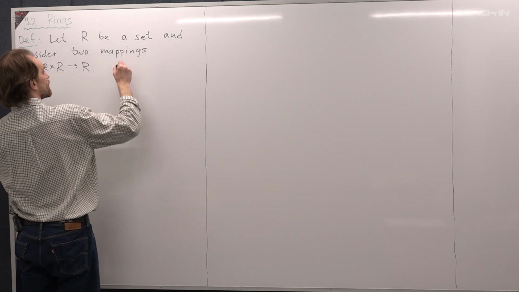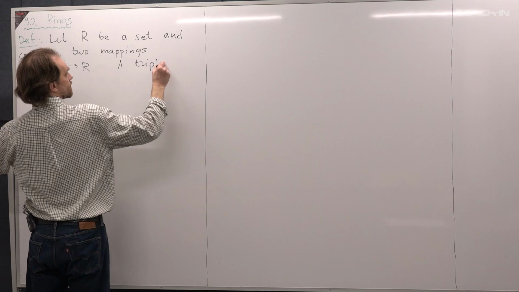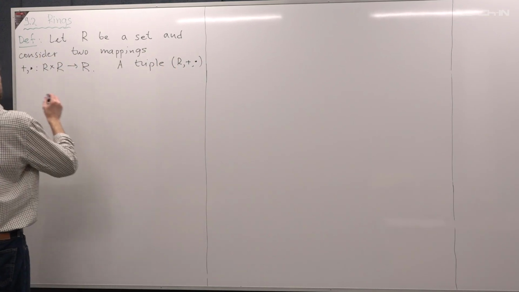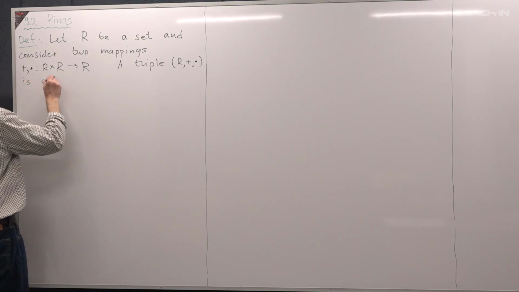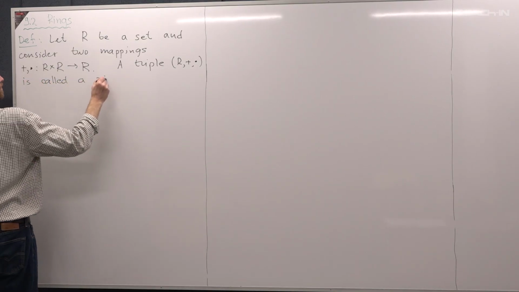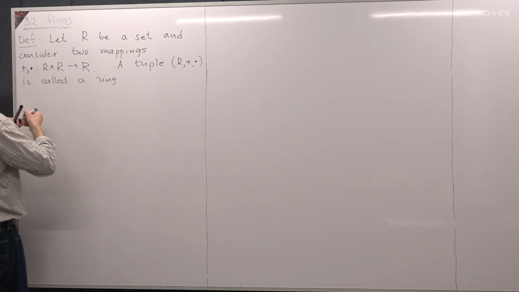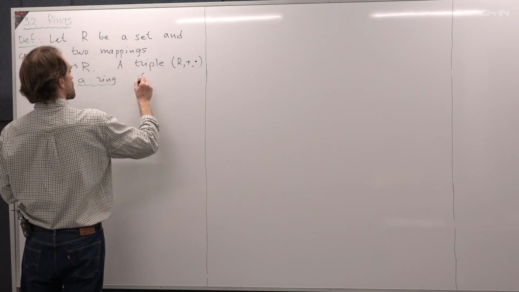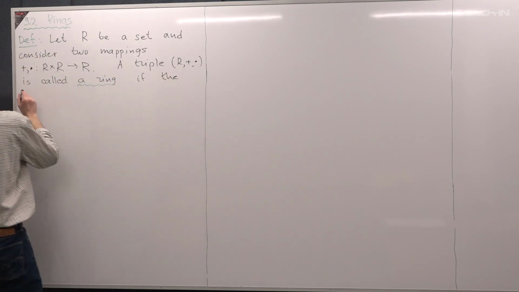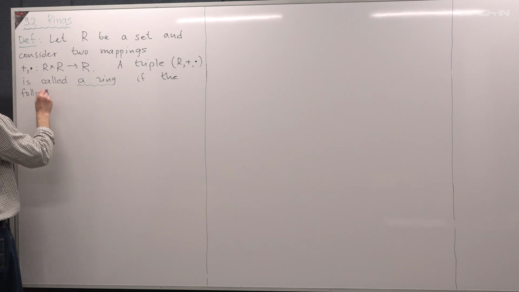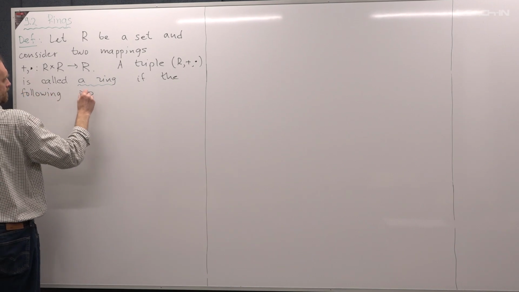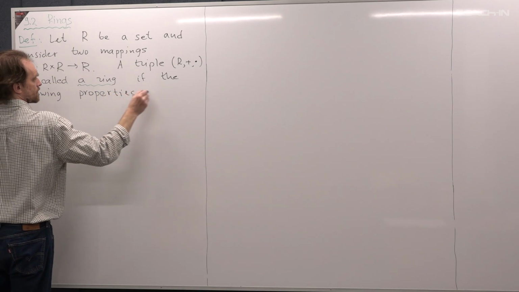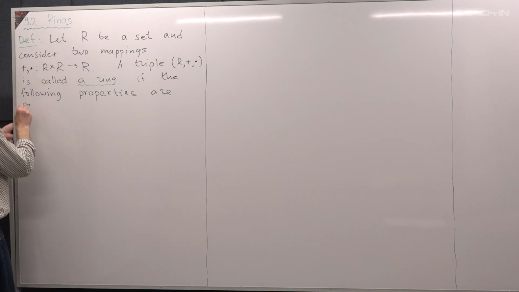So a triple R, plus and dot, is called a ring if the following properties are satisfied.